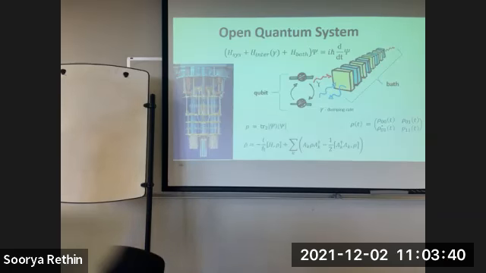The other approach to dealing with such a system is the density matrix formalism, which for a qubit will be just a partial trace of the whole density matrix of the system. No matter how complex the open system is, we can consider the 2x2 density matrix to describe its behavior.